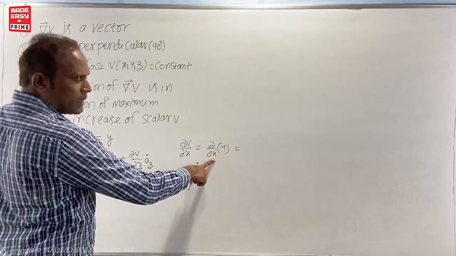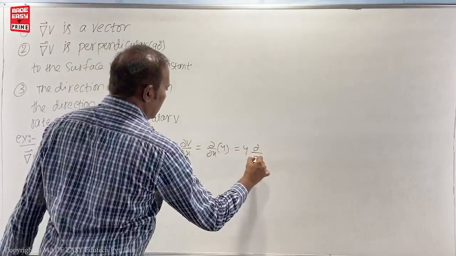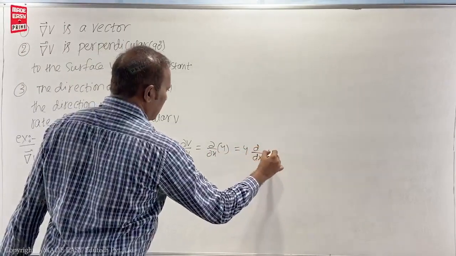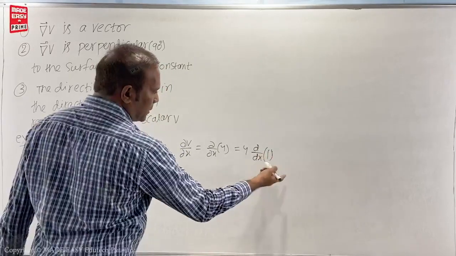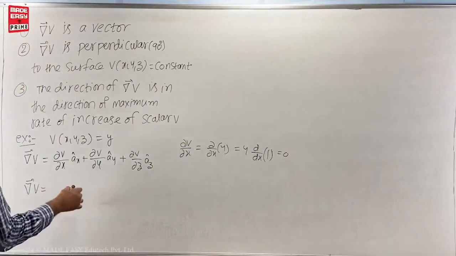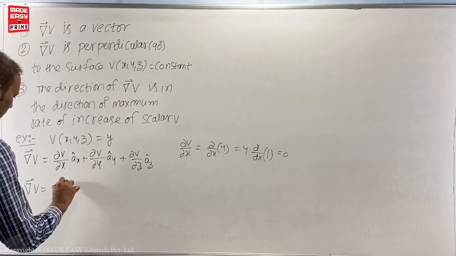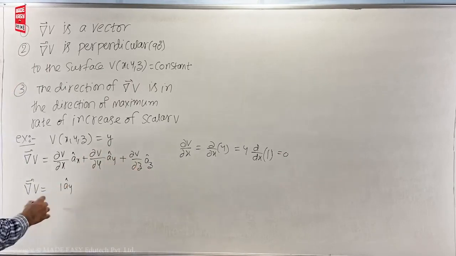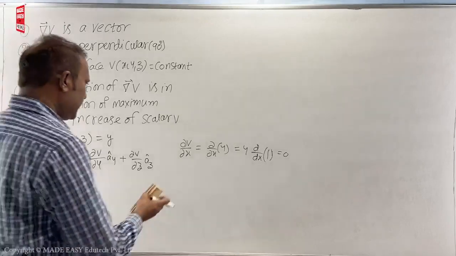Partial differentiation with x means x is variable, others are constant, so you get d by dx of 1, that is constant, that is 0. Dou v by dou y gives you 1 ay. Dou v by dou z gives 0. So here grad v is actually 1 into ay.